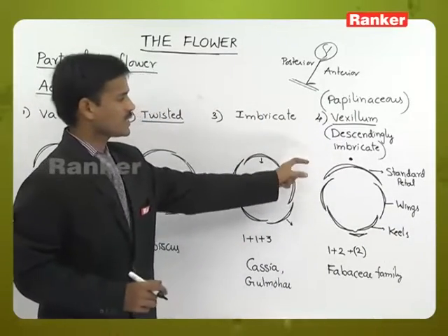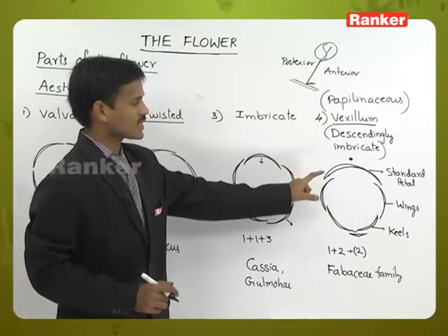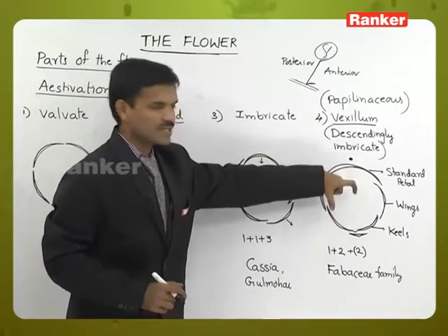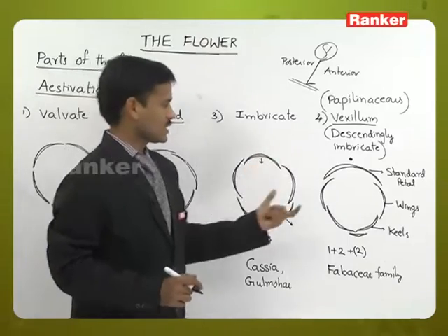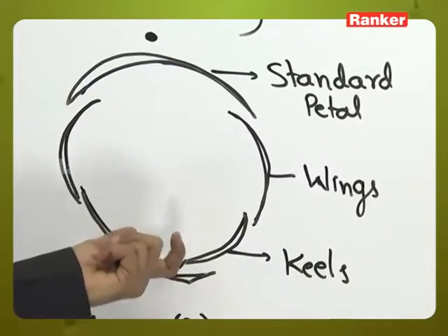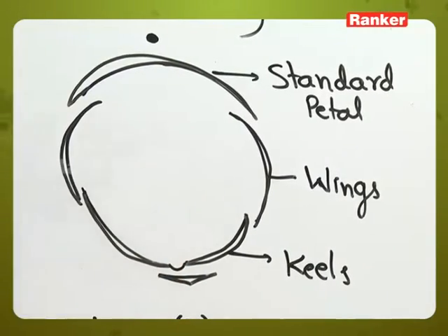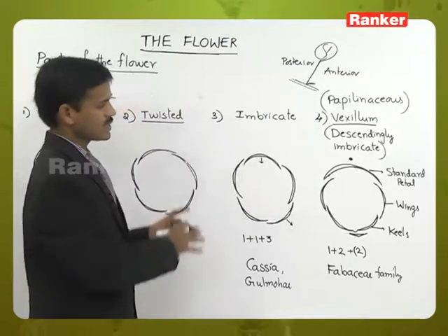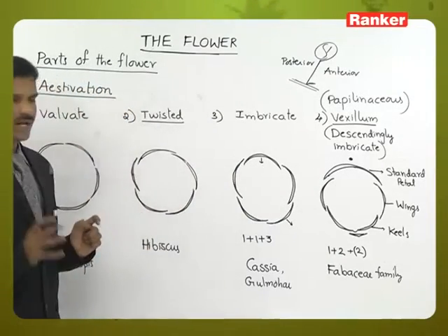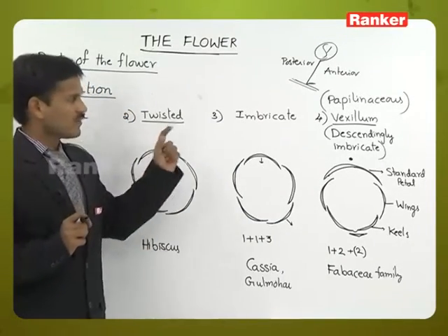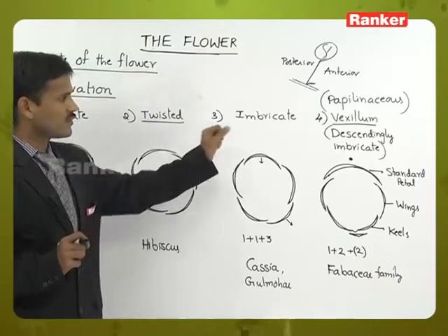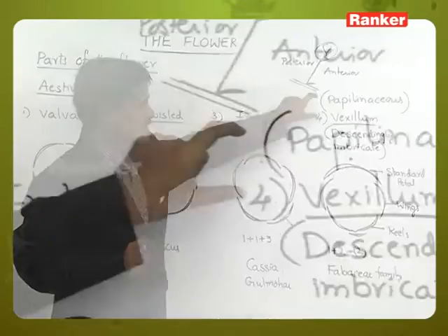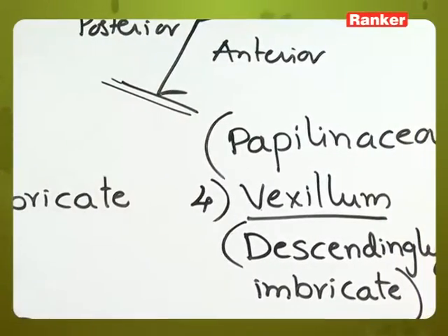The standard petal generally attracts the insects. On the wings, insects alight, and then the keels. Here these two keels are fused. So a total of 5 petals are arranged in this manner. That type of arrangement is called the vexillum type of aestivation. It is a very common type of aestivation in the Fabaceae family.